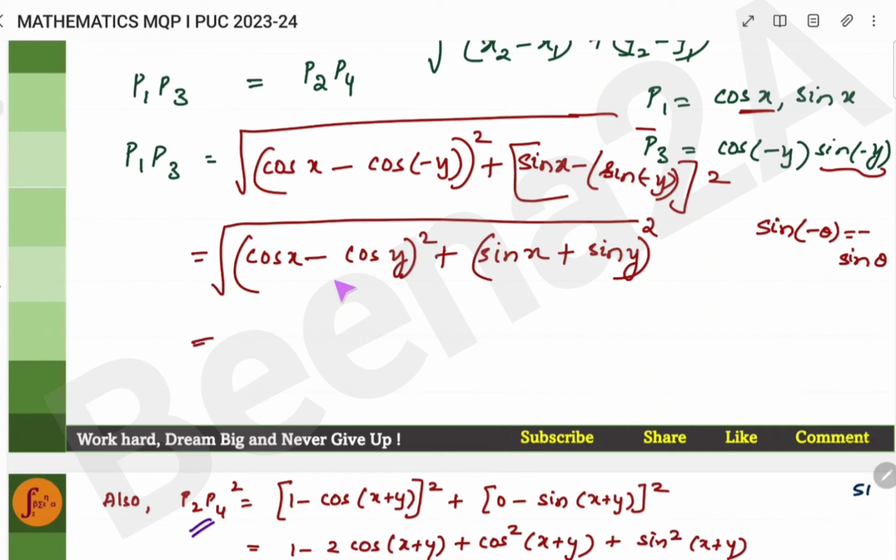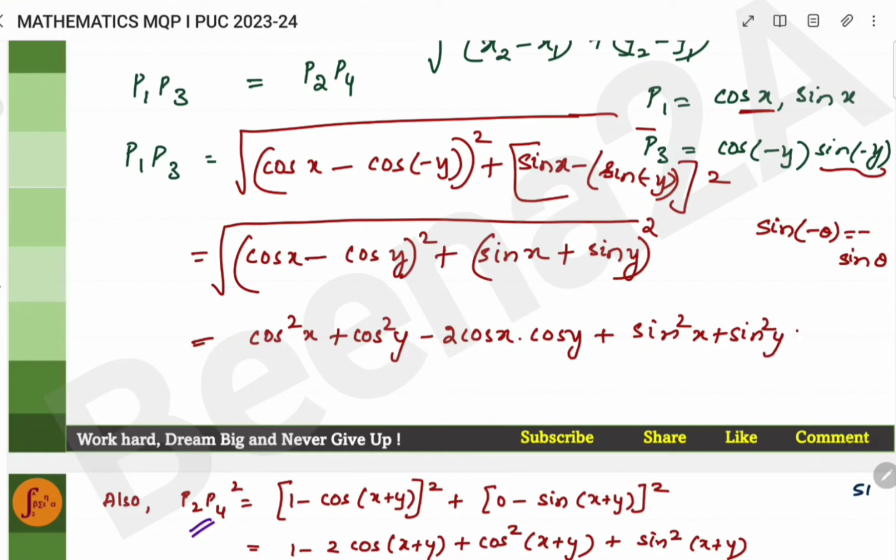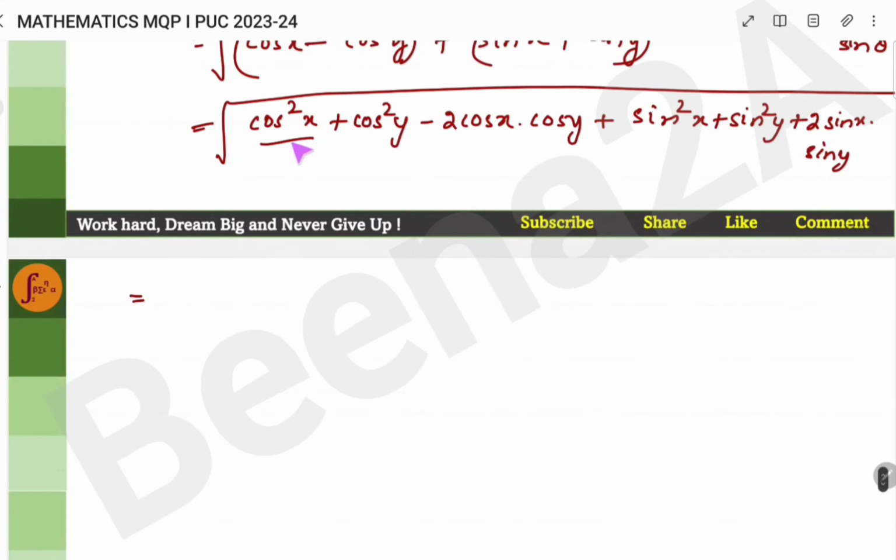So now I'll simplify this. I'll get cos square x plus cos square y minus 2 cos x cos y plus sine square x plus sine square y plus 2 sine x into sine y, and then root. Cos square x plus sine square x is 1. Cos square y plus sine square y is also 1.